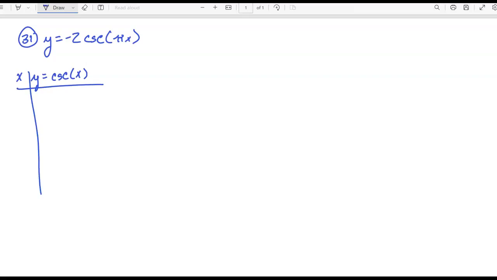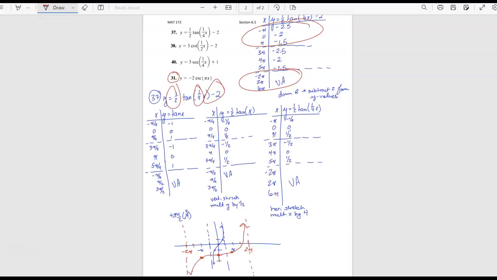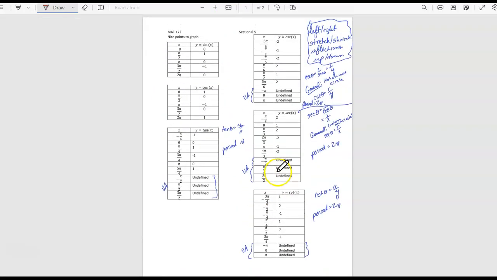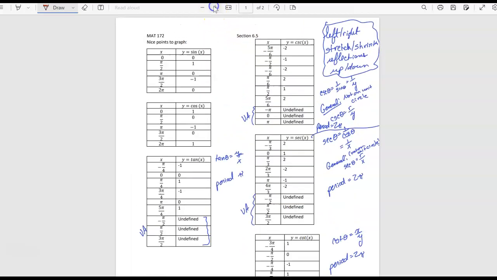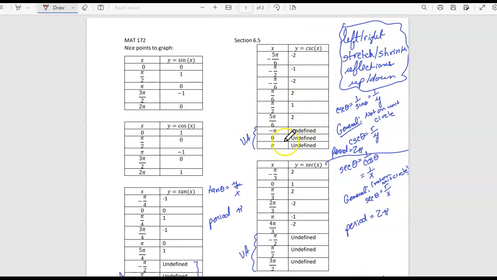We're going to start with that parent function, and that's cosecant of x. And we'll go back to that chart with those nice values in it. That's something you may want to write on a cheat sheet or keep handy when you're working through these. So this is going to go on my parent chart. This is one cycle of the cosecant function.